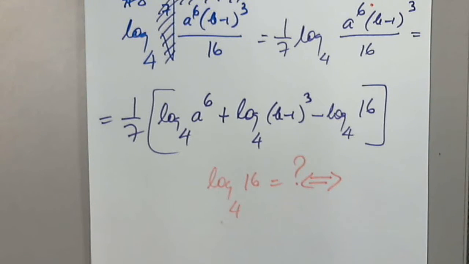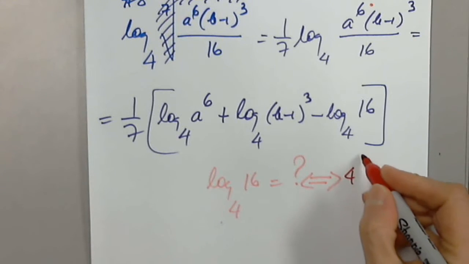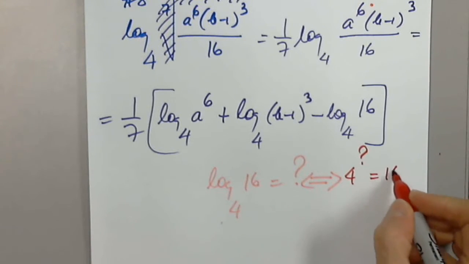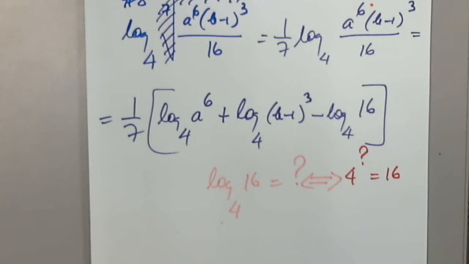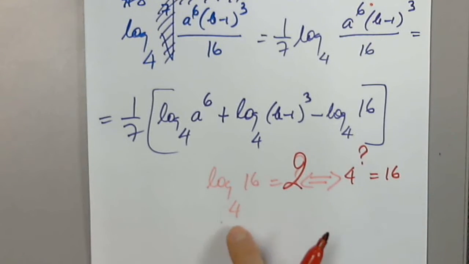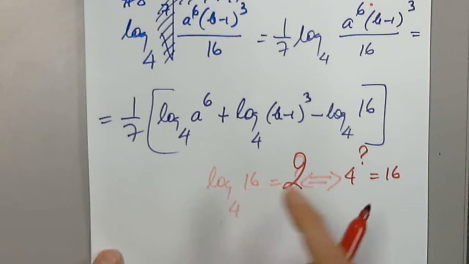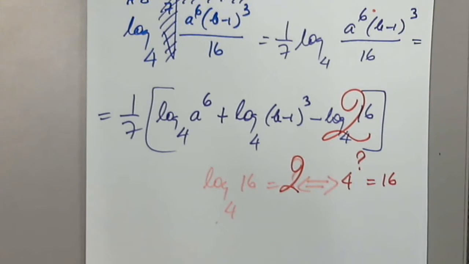But remember, the most important concept in chapter 4 is to be able to change a log equation to an exponential and an exponential back into a log. So let's change this into an exponential. How do I do this? 4 to whatever equals 16. What can whatever be? 2. 4 squared is 16. So this number will be replaced by 2.